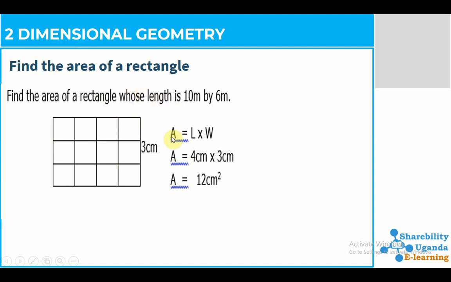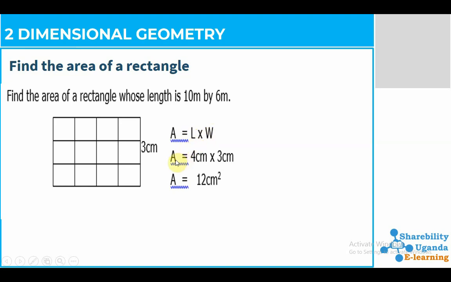So here we use our area as the length, and the width, which is W. So that means we shall multiply our length times our width.